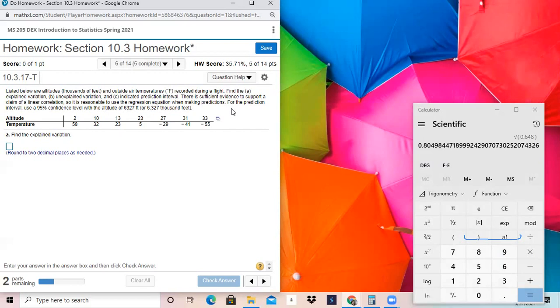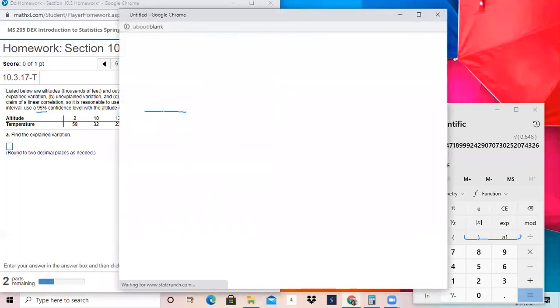For the prediction interval, use a 95% confidence level with the altitude of 6,327 feet. Now, this is a huge number compared to these, but these are listed in thousands of feet. So we're going to use this as our X value with a 95% confidence level. Let's go ahead and load this into StatCrunch.